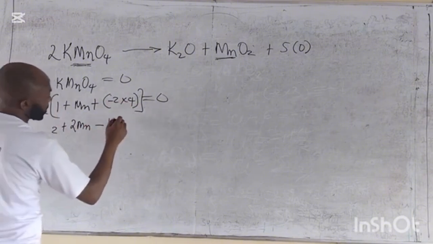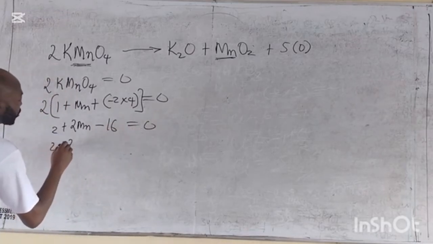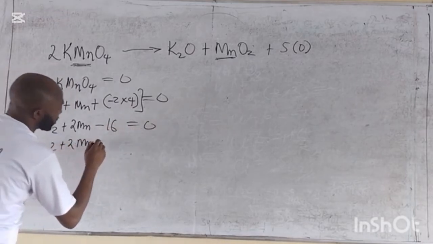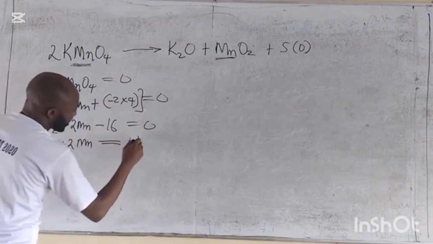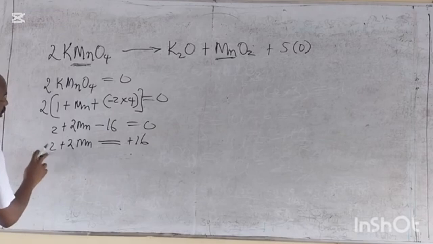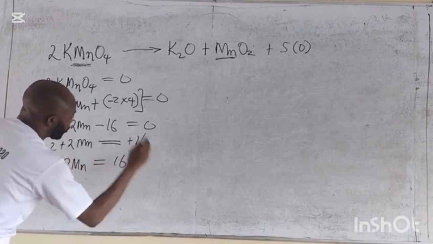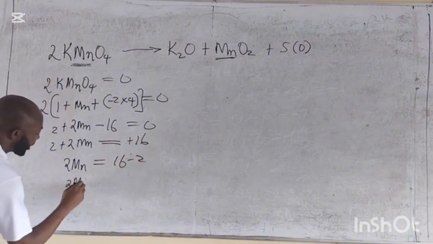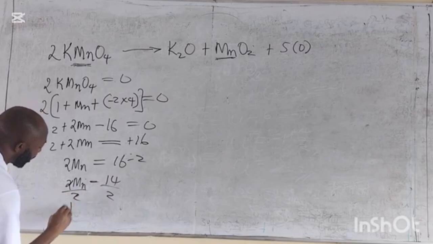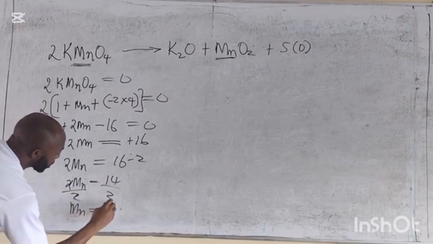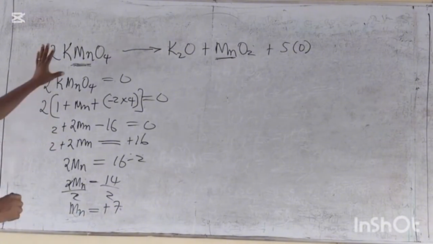All of this is equal to 0. Now, 2 plus 2 Mn is equal to, this crosses over and becomes plus 16. Now, I want to take this across too. So I have 2 Mn is equal to 16 minus 2. 2 Mn is equal to 14. Divide both sides by 2. Mn here is equal to plus 7. So the oxidation number of manganese here is plus 7.